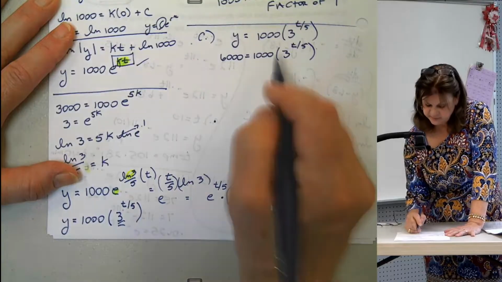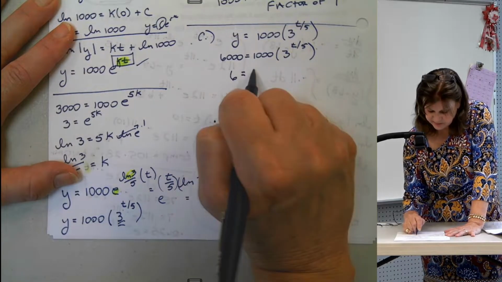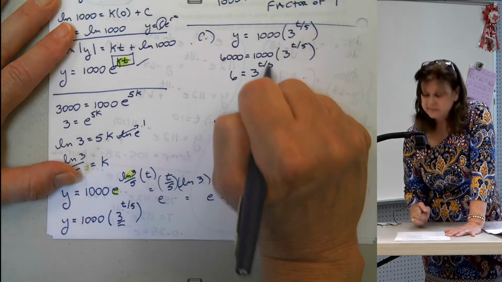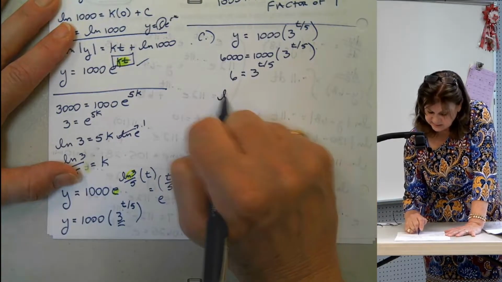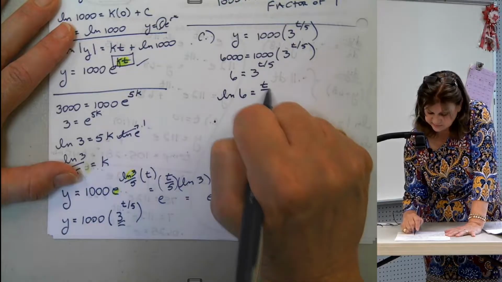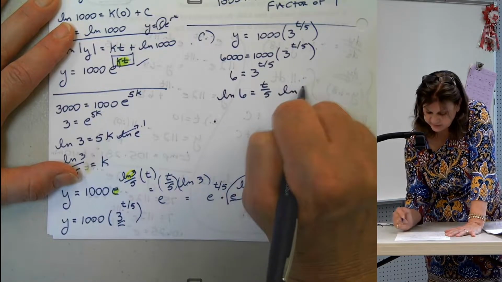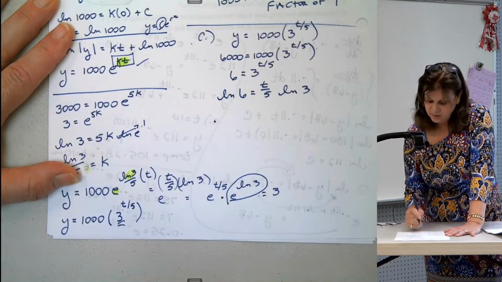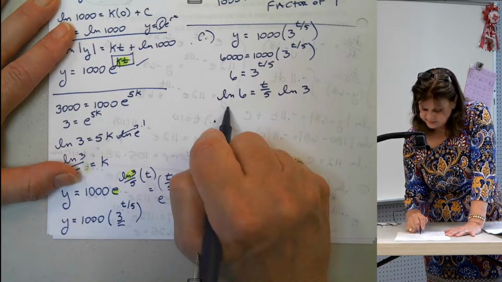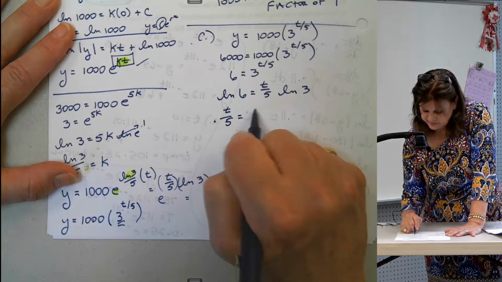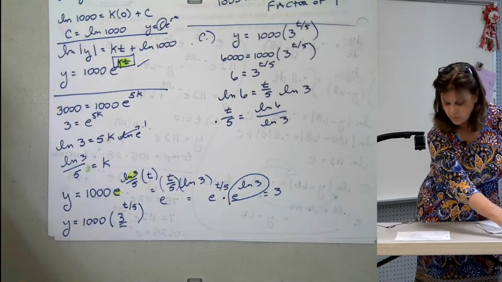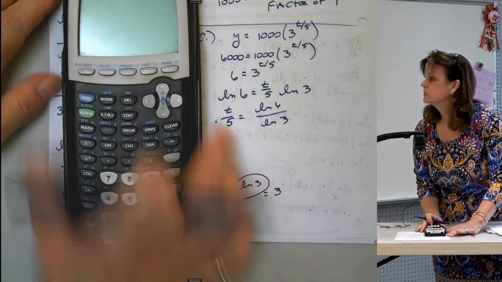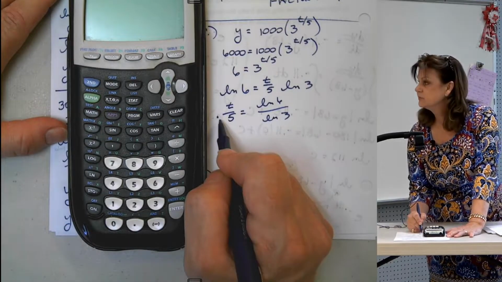Easy enough, right? We divide, so 6 is 3 to the t over 5. Take the log of both sides. ln 6 is t over 5 times ln 3. We're going to divide. Let me just set this up. t over 5 is ln 6 over ln 3. The way that's bled through, it looks like 0.5, but it's not.